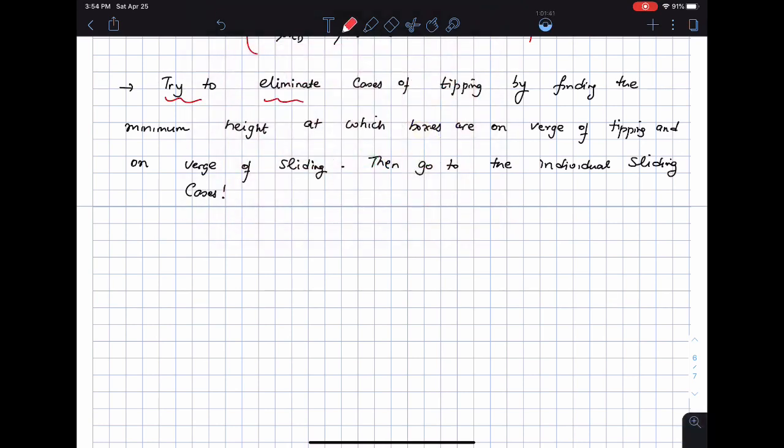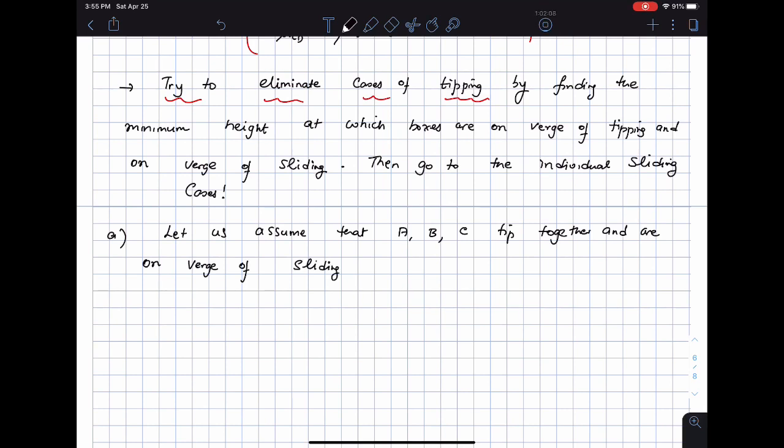So try to eliminate the cases of tipping. And to do that, I'm going to start off by saying, let us assume that A, B, and C tip and are on the verge of sliding.